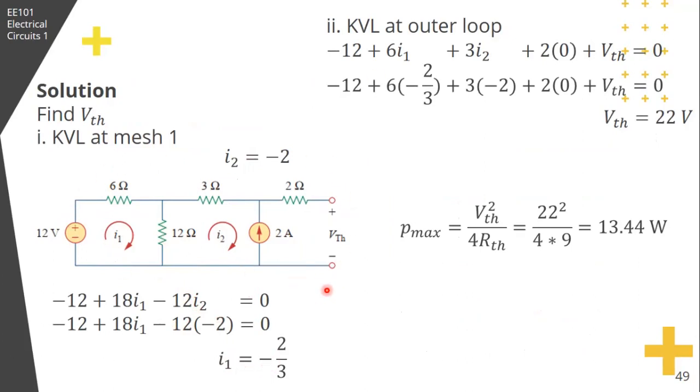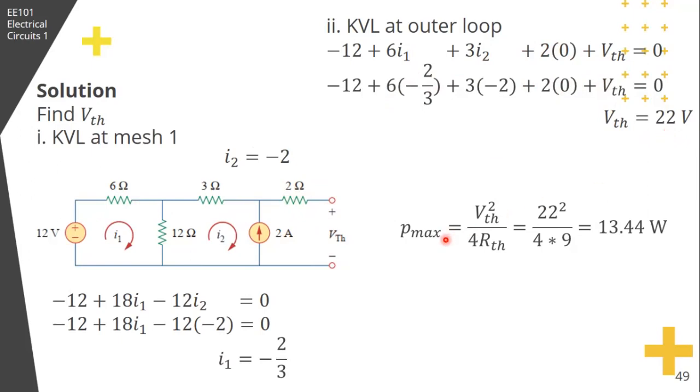Then KVL at the outer loop: negative 12 plus 6 I1 plus 3 I2 plus 2 times its current here. Its current is 0, since it is an open circuit, there is no current through here. So plus the voltage, VTH. Substitute the values, so we have VTH equal to 22 volts.